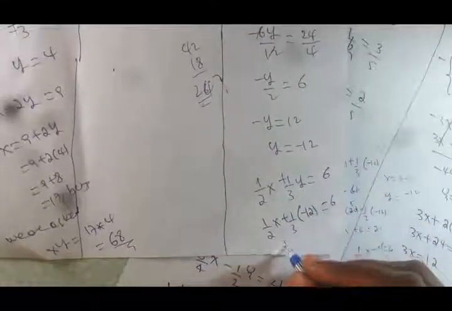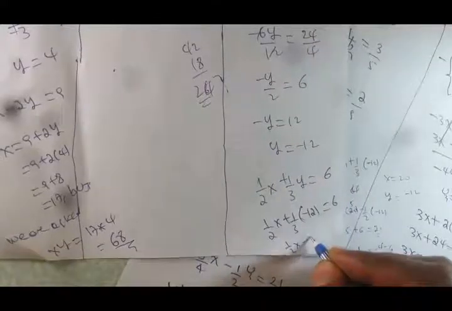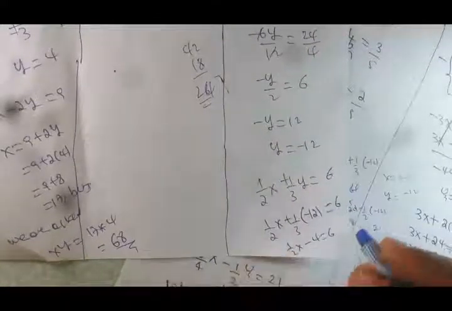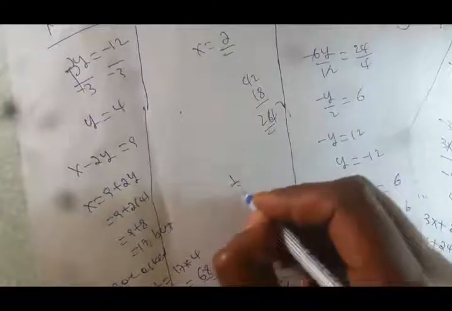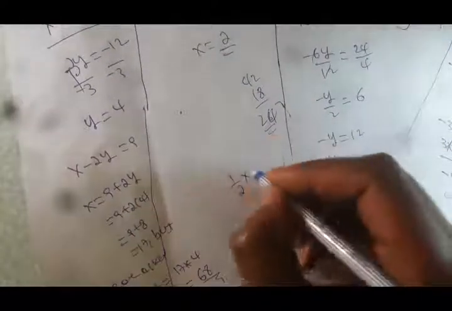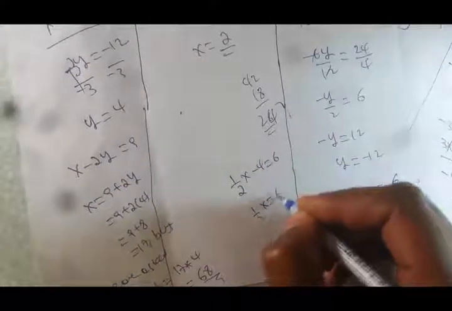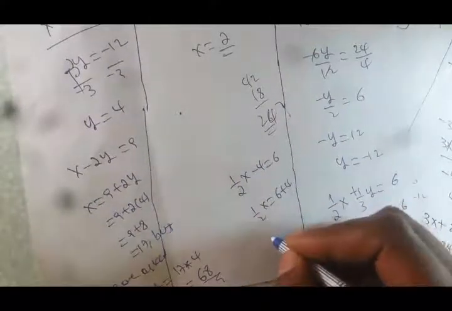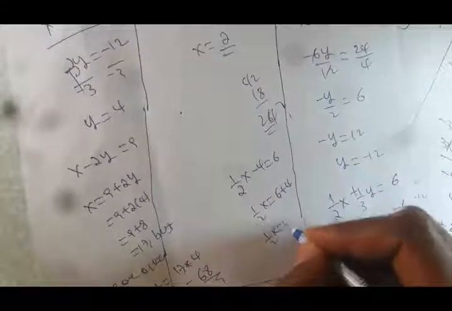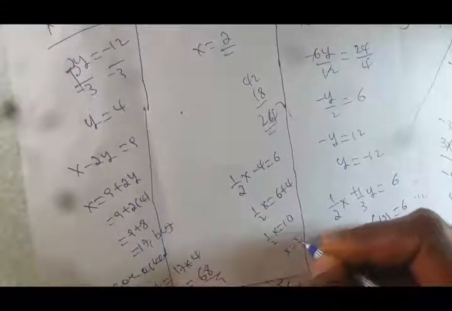Therefore 1 over 2x minus 4 is equal to 6. 1 over 2x is equal to 6 plus 4. Therefore 1 over 2x is equal to 10. The value of x will be 20 when we cross multiply.